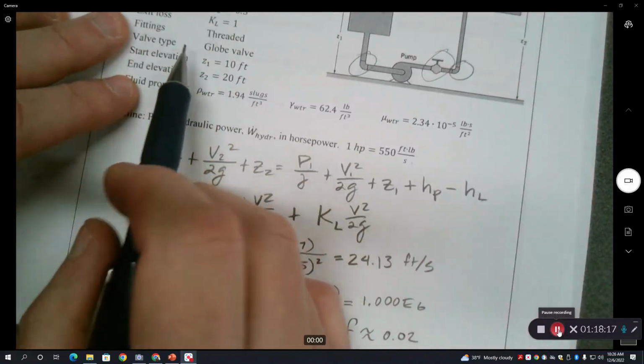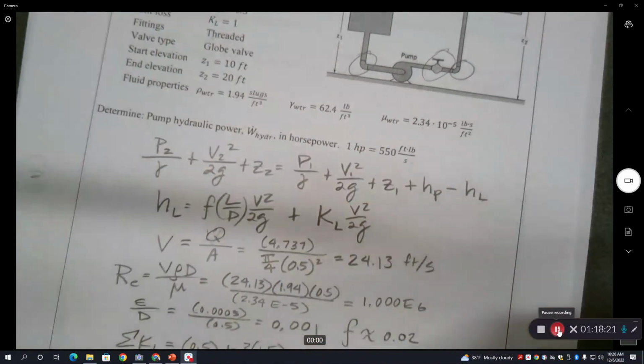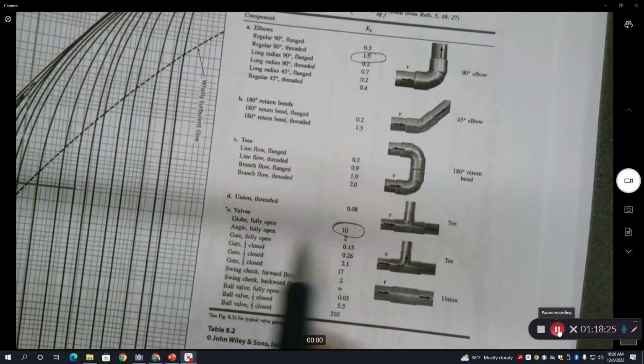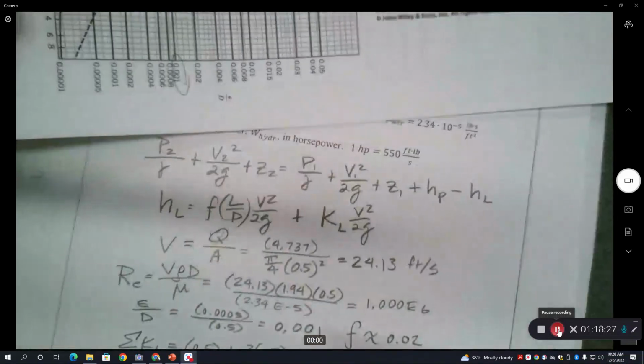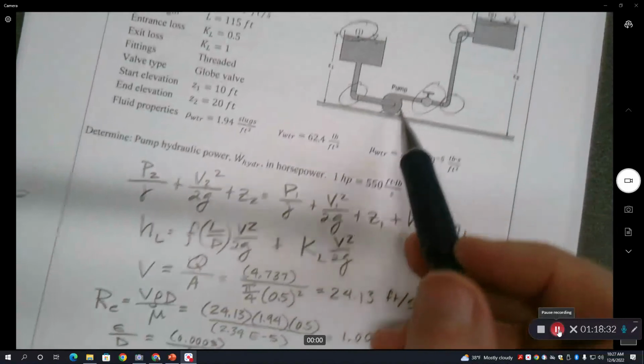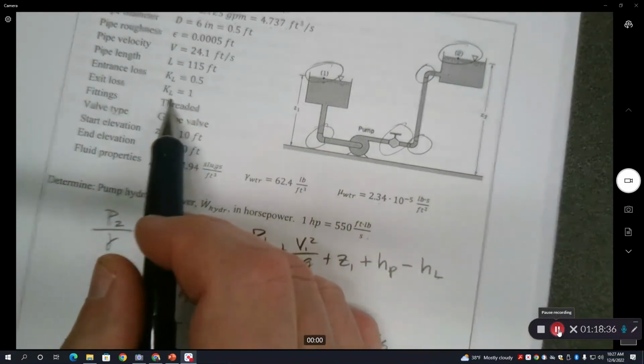They gave us a globe valve. The globe valve over here was 10. And I don't see anything else except the exit. And they told us the exit was 1.